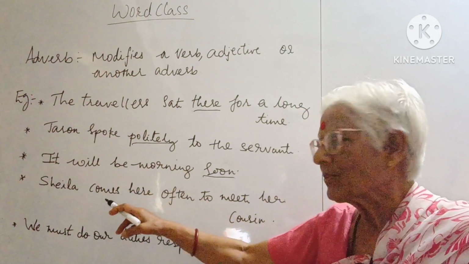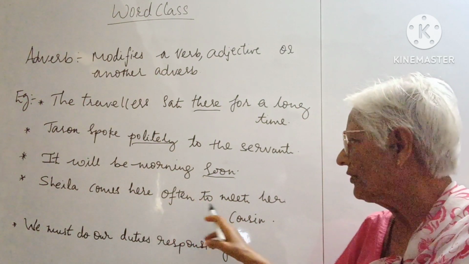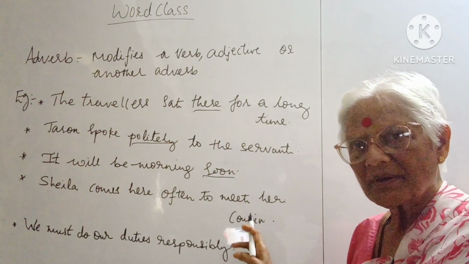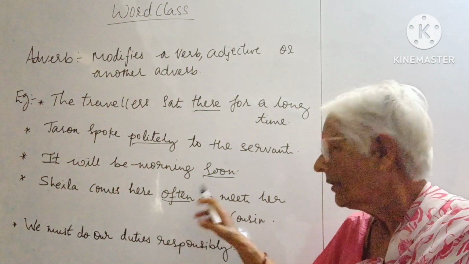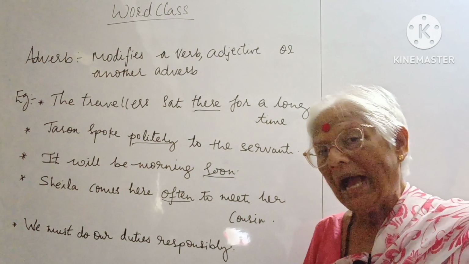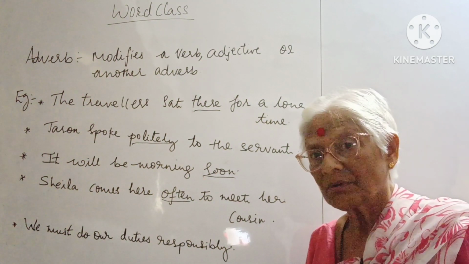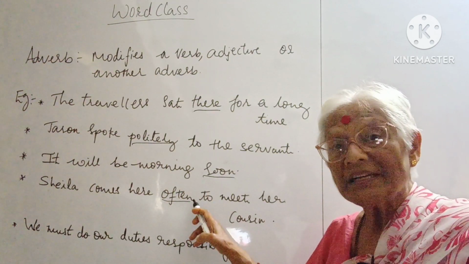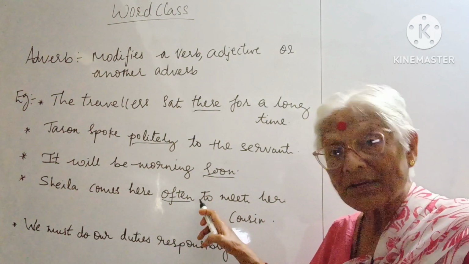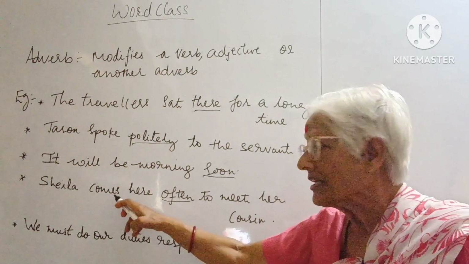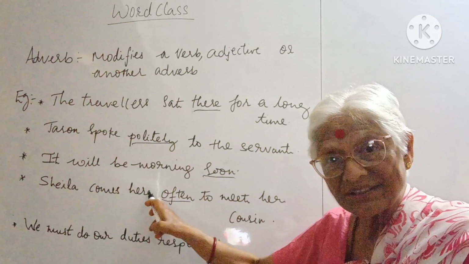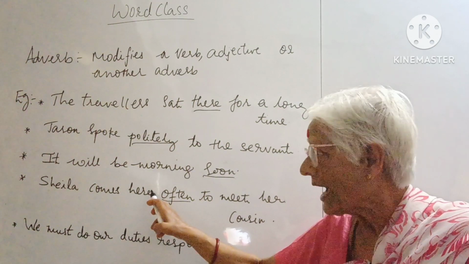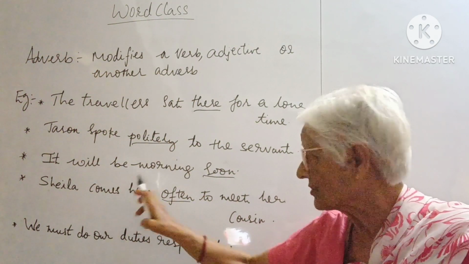Next one. Sheila comes here often to meet her cousin. Comes when? Often. Actually, it tells you how often. So, often is again an adverb, and it modifies the verb comes. Again, you have this word here, which is also an adverb and modifies the verb comes.